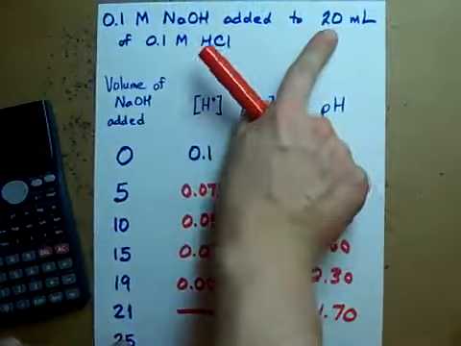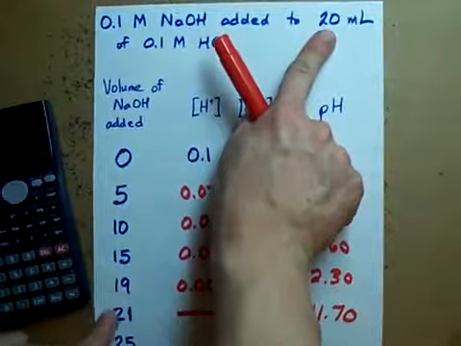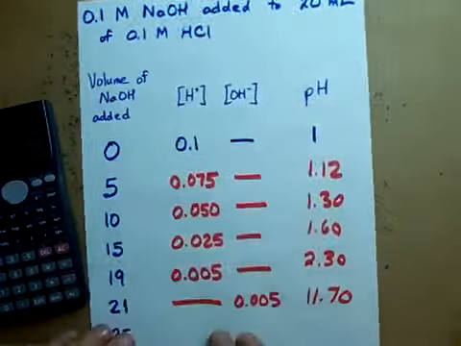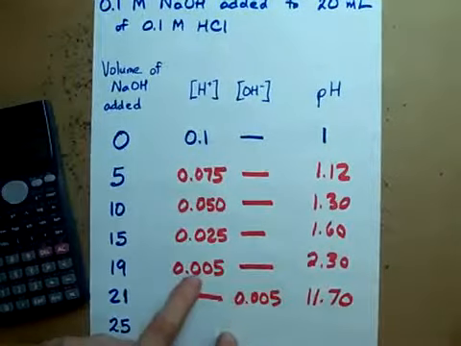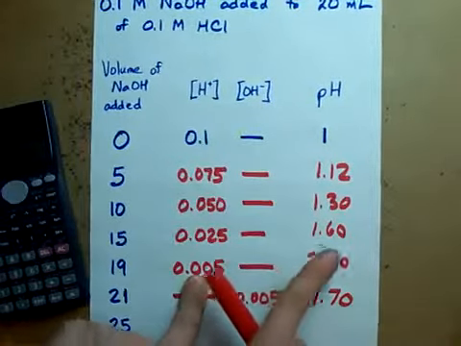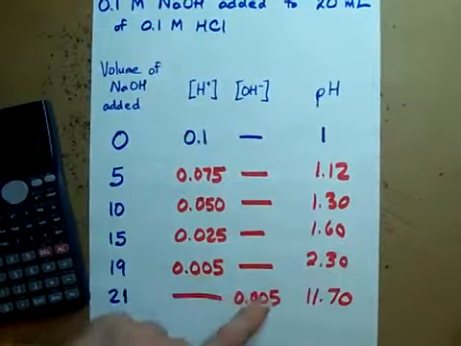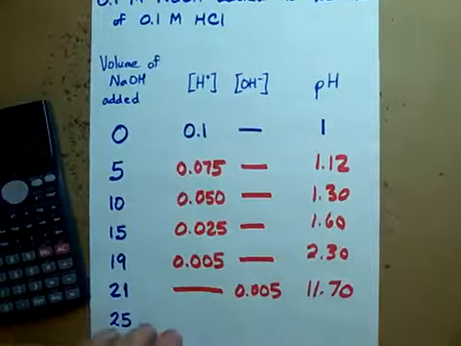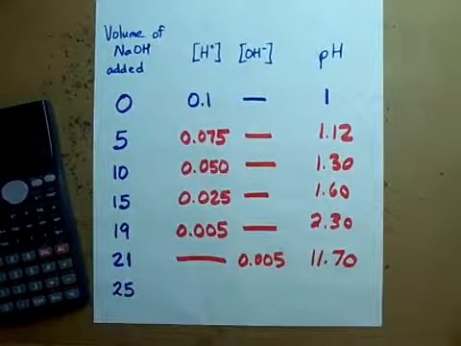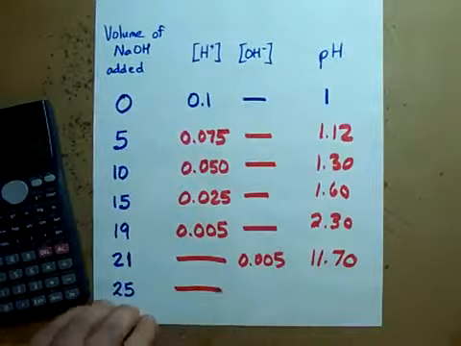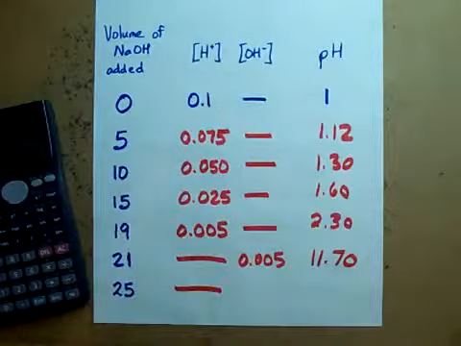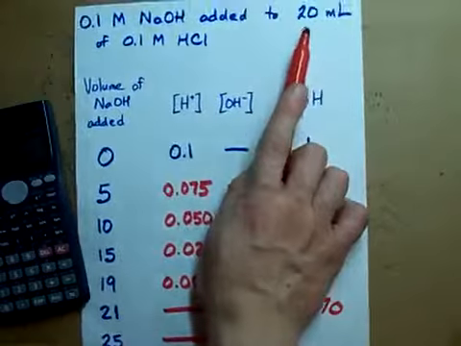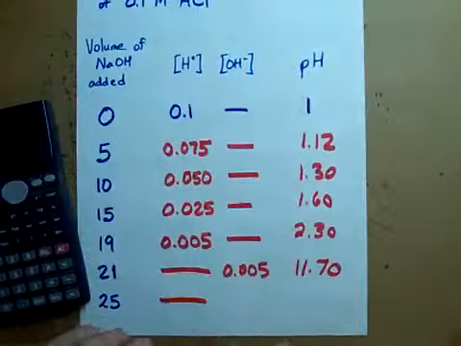Notice that at the equivalence point, when I added exactly 20 of base, when I started with 20 of acid, I went from an acidic solution with a pH of 2.3 to a basic solution with a pH of 11.7. If I add even more base, I certainly won't have any acid left, and I'll have 5 milliliters of base left over relative to what I started with.